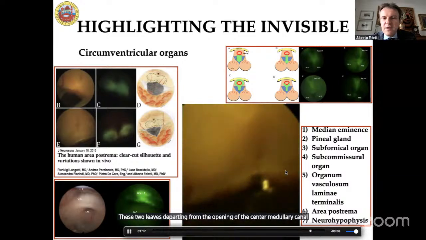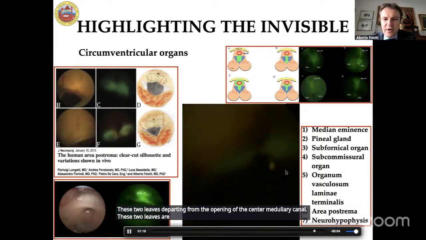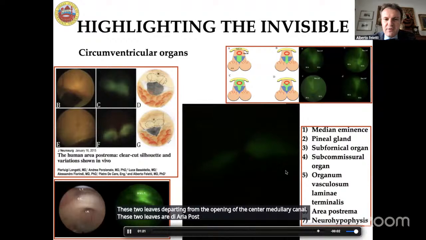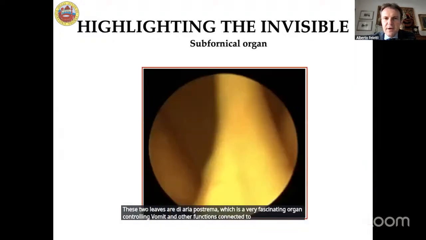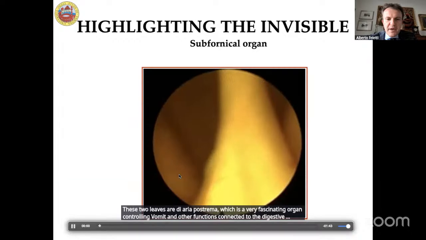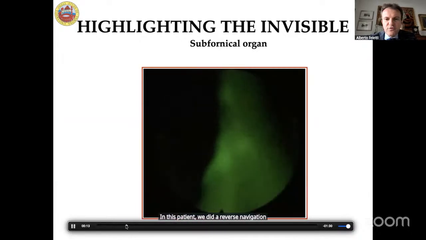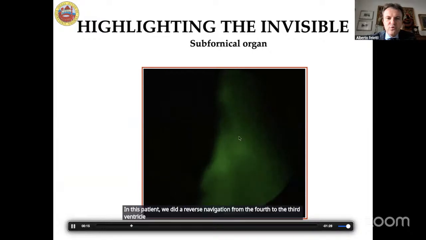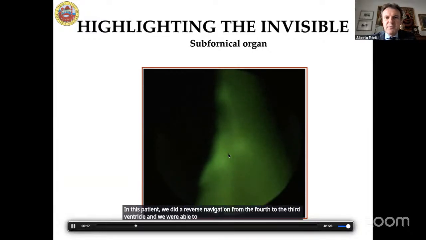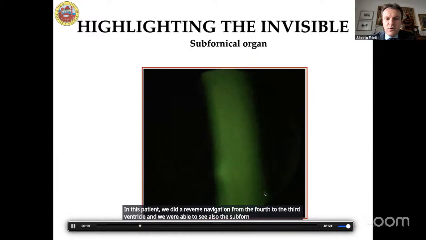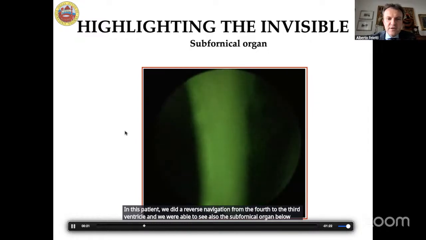These two leaves are the area postrema, which is a very fascinating organ controlling vomiting and other functions connected to the digestive system. In this patient, we did a reverse navigation from the fourth to the third ventricle, and we were able to see also the subfornical organ below the fornices.